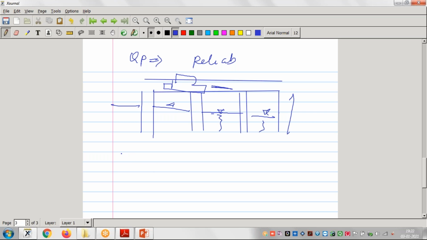I think reliability will be clear. Reliability means we rely on our design that this Qp, the highest flood peak, will never cross the bridge, based on whatever we have considered.